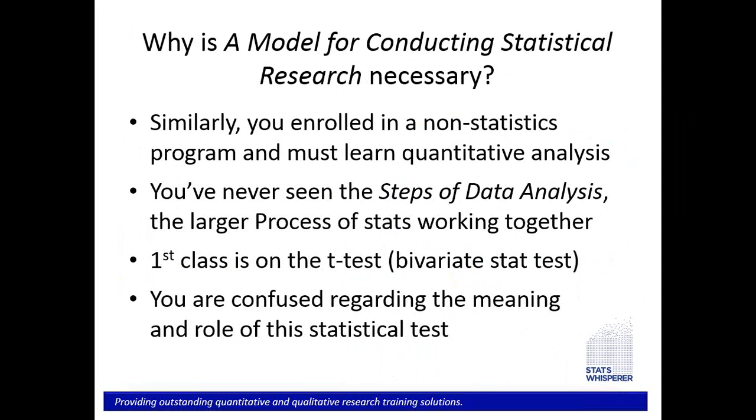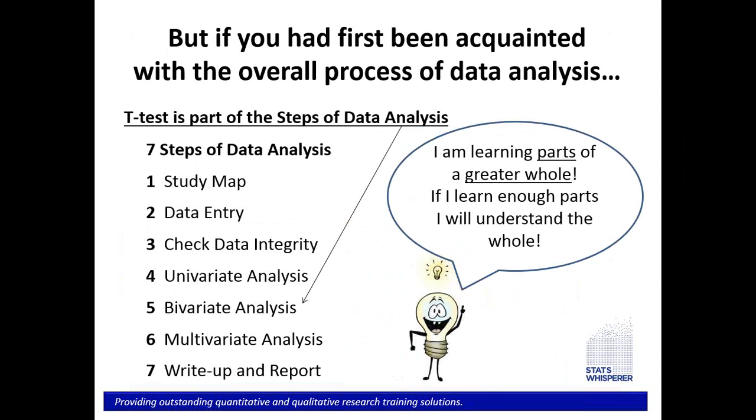That's very commonly taught as the first test you learn, and many times you just learn a couple of bivariate tests in your introductory statistics classes. So if you only learn the t-test, you may be confused regarding the meaning and role of that statistical test, just like the tuba. But if you see the overall process of data analysis, we know that the t-test fits into step 5, the bivariate test. You realize you're learning parts of the greater whole, and when you learn enough parts, you're going to understand the whole.